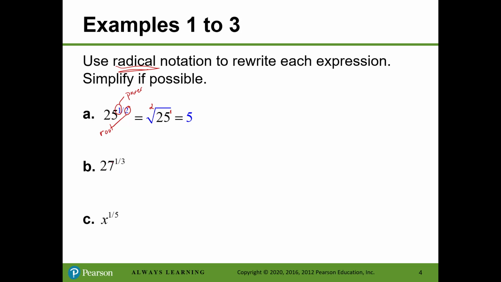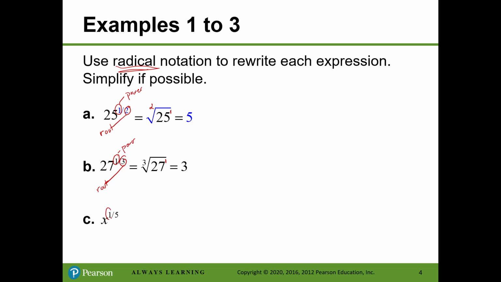Okay, so let's look at letter B. Again, the numerator is the power. The denominator is the root. So if you rewrite it using a radical, that 27 is to the power of 1, which is just 27. And they're asking me to find the cube root of it. Yeah, 3. We've done that before, no problem.